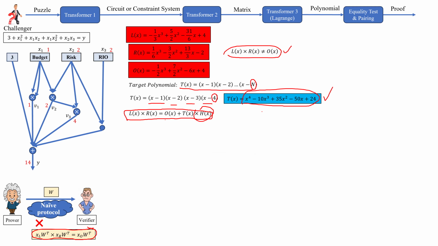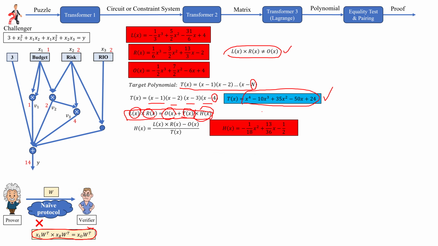So if the prover knows these polynomials L, R, and O, and knows the polynomial T of x, the prover can compute polynomial H of x. How? Using this formula: H of x equals L of x multiplied by R of x minus O of x, over T of x.